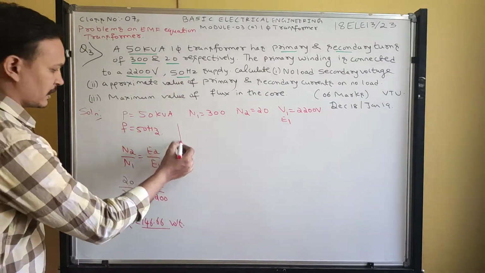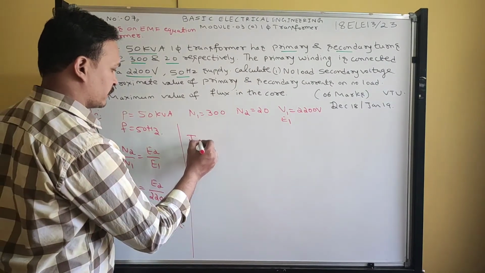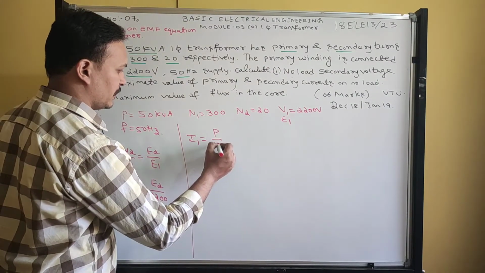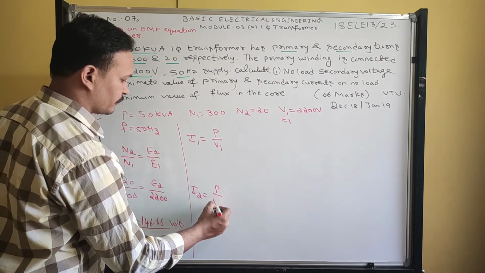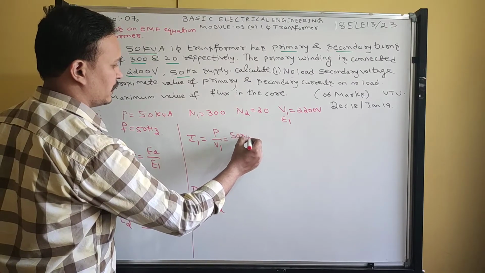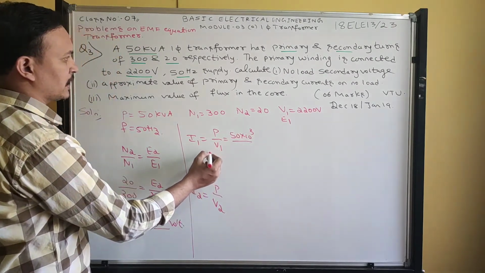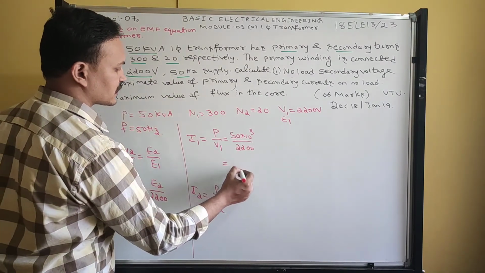What is the second question? Approximate value of primary and secondary currents on no load. So primary current formula I1 is equal to P by V1. Secondary current formula I2 is P by V2. What is power? 50 kVA, that is 50 × 10^3, divided by the primary applied voltage, 2200. You will get some current.